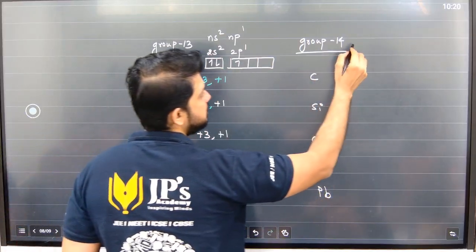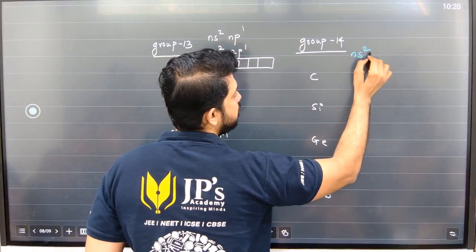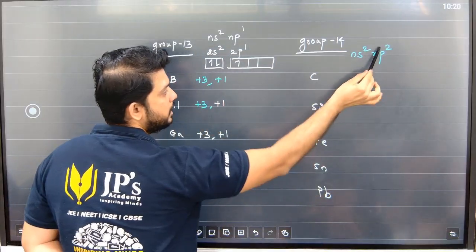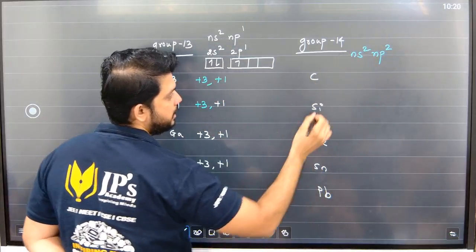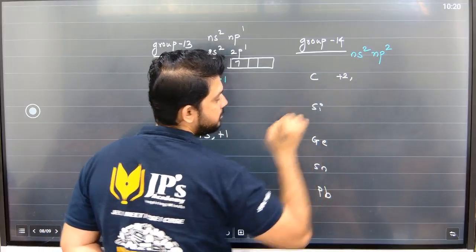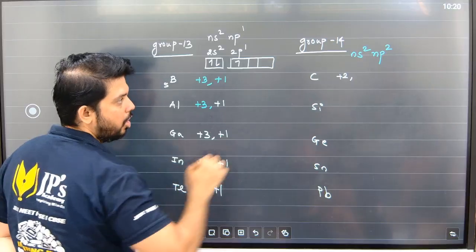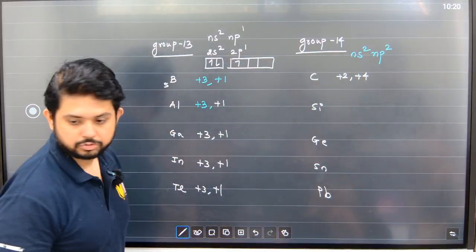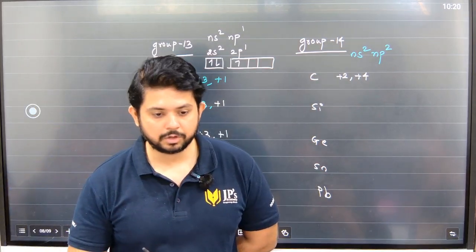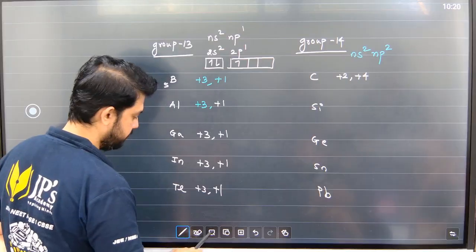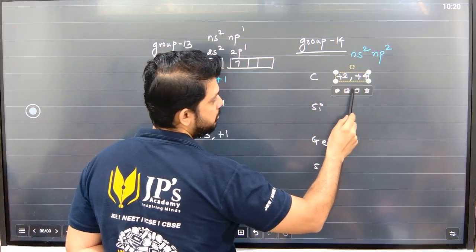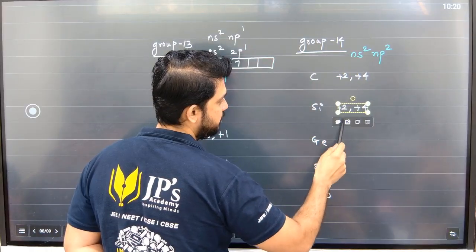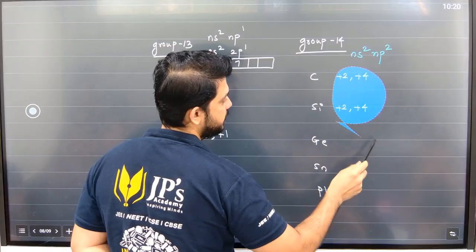Last shell configuration ns2 np2. तो ये 2 इलेक्ट्रॉन देने के बाद इट कैन बिकम स्टेबल, और ये चारों इलेक्ट्रॉन देने के बाद इट कैन बिकम स्टेबल. सो +2 and +4. So all of them can show. I'm saying they can show. I'm not saying that they will show. छोटा सा anomaly समझेंगे इसमें.